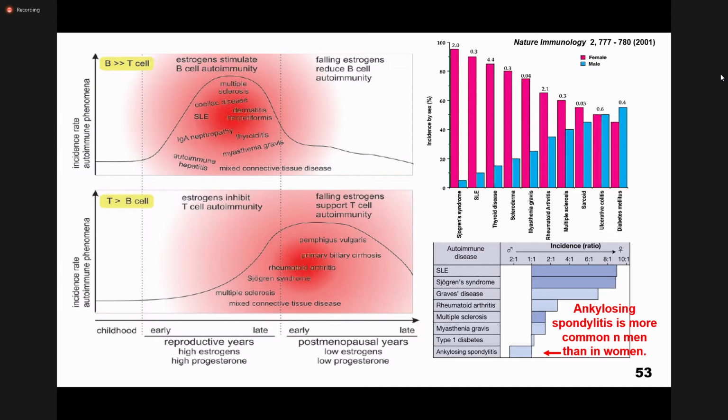If you look at this example here, I will just show you. Here, as you can see, is inflammation of the joints. This is the normal spine, and inflammation of the joints in the spine causes changes in the bones, like the bamboo spine, which is the typical characteristic. This inflammation of the joints is mostly predominant in the male rather than the female.